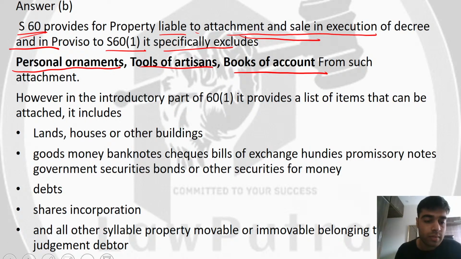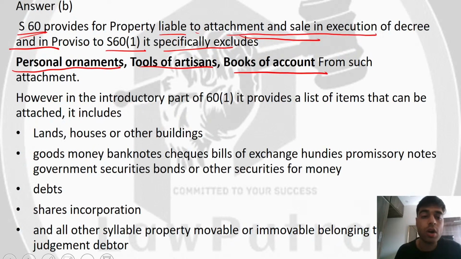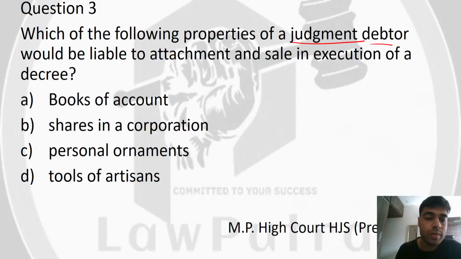In this question we were asked which property of the judgment debtor would be liable to attachment, but the section is given in a negative way, as to which cannot be attached. So automatically these items cannot be attached: personal ornaments, tools of artisans, books of account. Our answer would be only shares in corporation can be attached by the court for execution of the decree. So the answer is B.